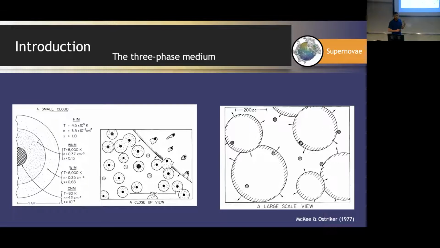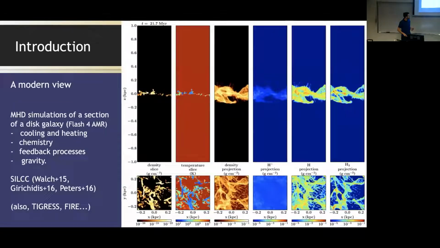So this is an example of negative feedback, where the supernova inhibits further star formation through thermal conduction and destruction of cold, dense clouds.